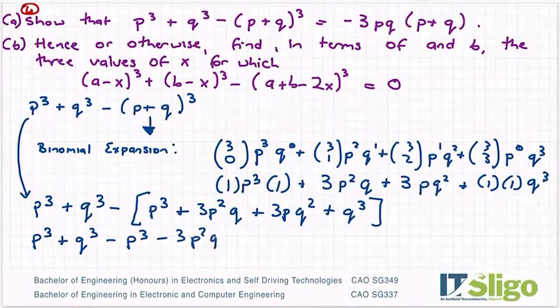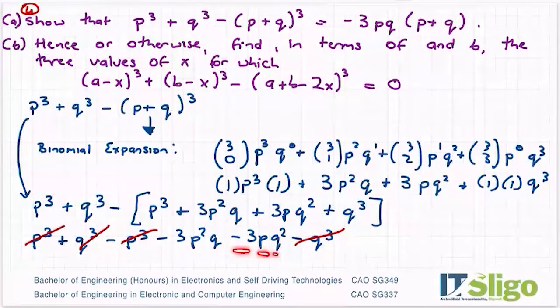Minus 3p squared q minus 3pq squared minus q cubed, sorry. And let's cancel, they cancel, they cancel. So I have minus 3p squared q minus 3pq squared.